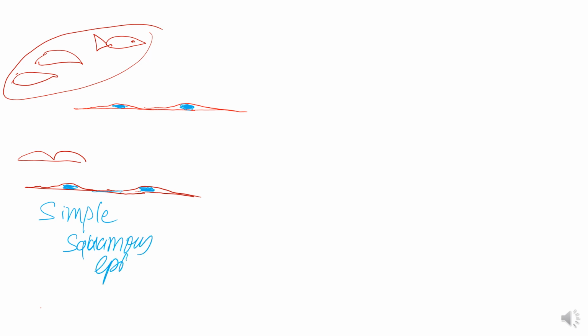Okay, now the simple columnar epithelium. It's very simple to draw. This is the basement membrane. You have to draw column-like cells, meaning cells which have more height as compared to the width.